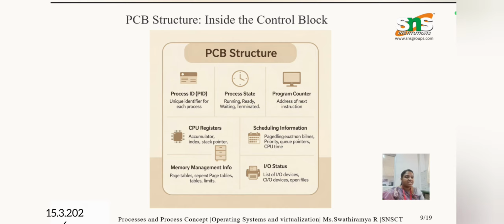Two students will not have the same register number. Once you complete all these 4 years, this register number will not be given to anyone else. It has been destroyed. So once the process is done, the PCB will be removed, as I told you before.